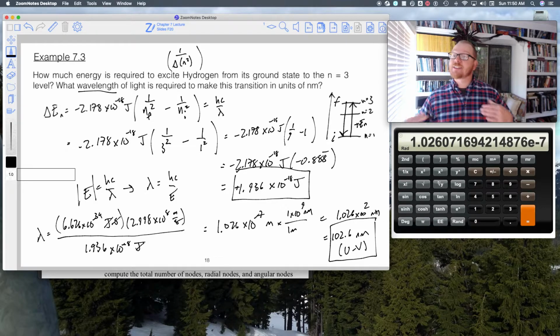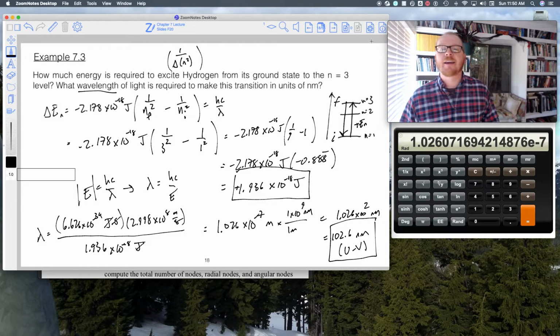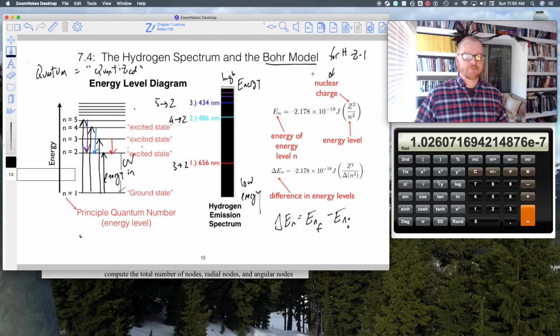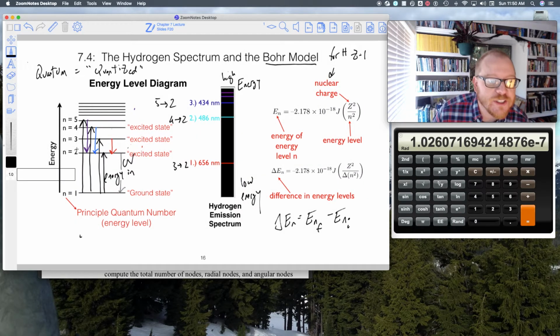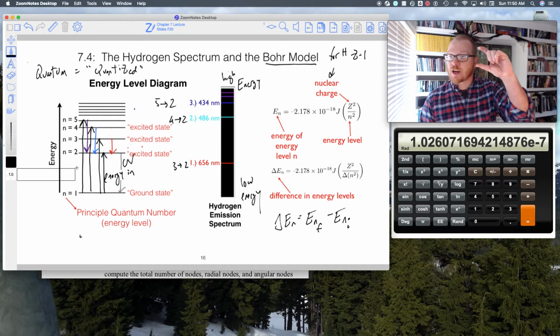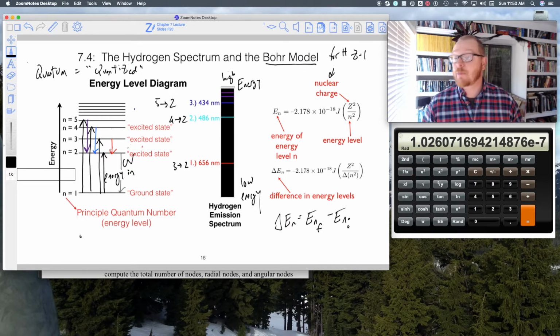And that makes good sense that it's ultraviolet light, because if I back up here for a second, all of these smaller levels, the levels that are crunched together, are all giving me visible light. So 3 to 2 gave me red, and 4 to 2 gave me blue, and 5 to 2 gave me ultraviolet.